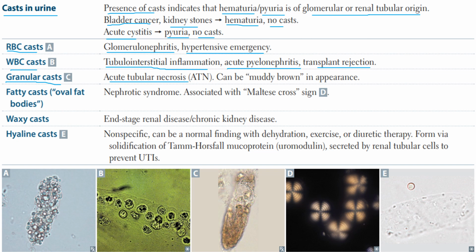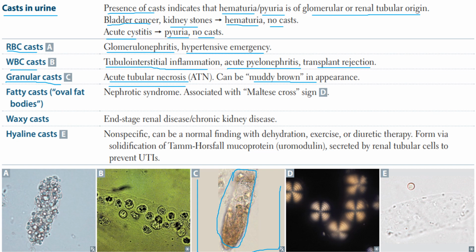They have a muddy brown appearance, as you can see in this image. If it looks muddy brown, then think about the granular cast, which is present in acute tubular necrosis.